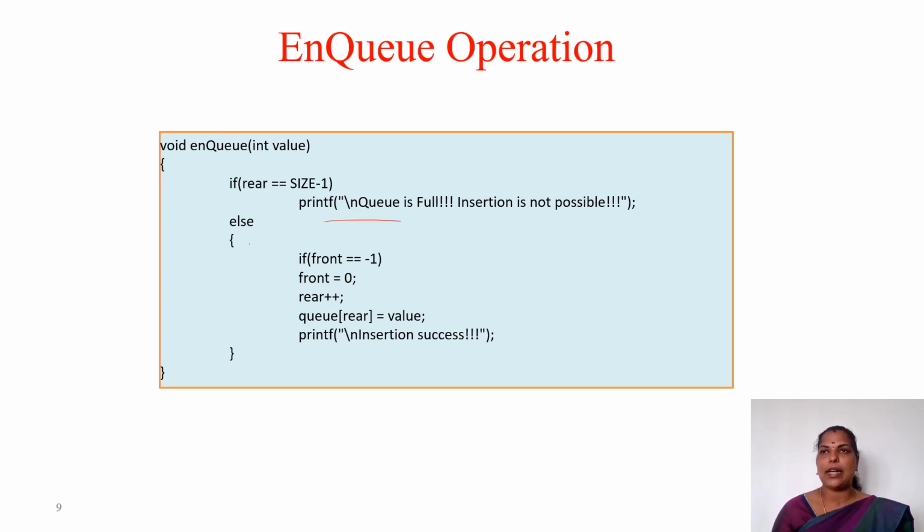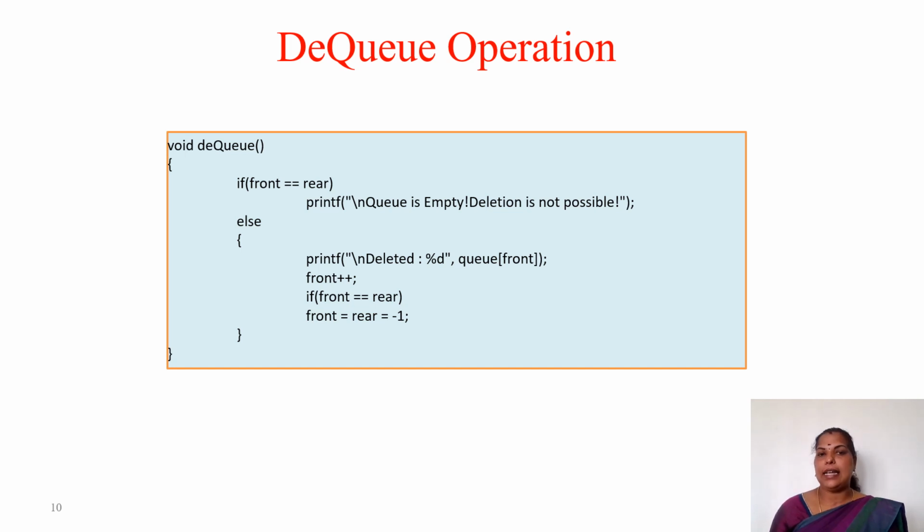If you insert one element after incrementing the rear position, the front also has to point to the first element. So if this condition is true, you change the value of front to 0. Then you increment the rear position, place the value in the rear position, and print that insertion is successful. Here you can call the display function also, in order to print the elements in the queue.